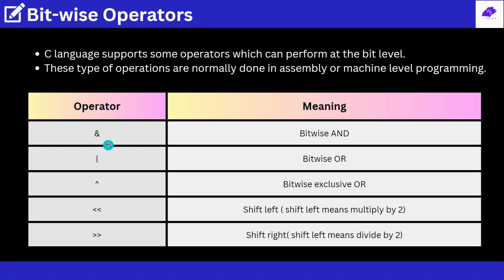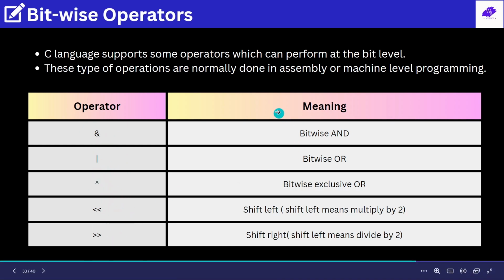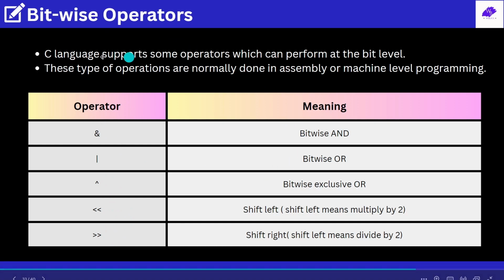So the operators are bitwise AND, bitwise OR, exclusive OR, shift left, shift right. These are all the bitwise operators supported by the C language. We will detail these in the next modules. For now you have to learn just the names, their meanings and their symbols.